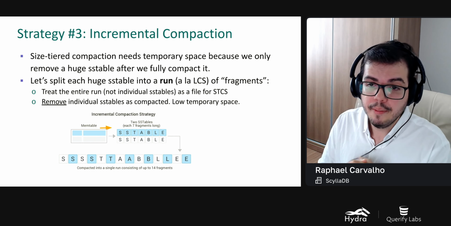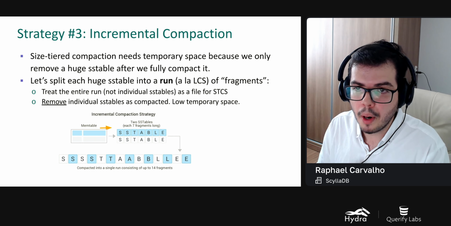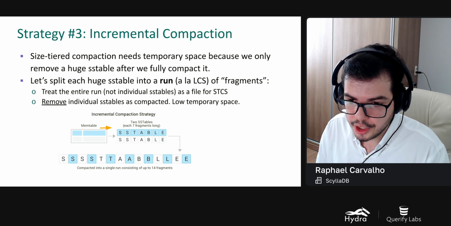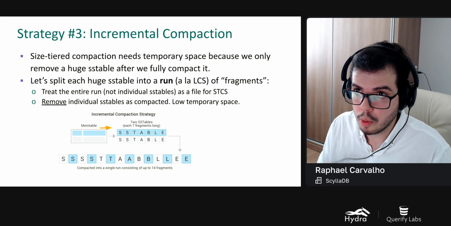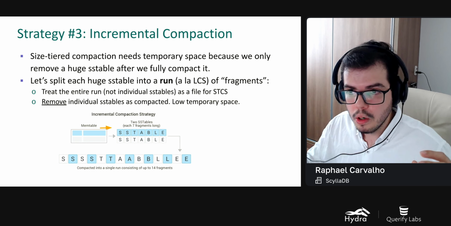So the basic idea is to borrow the idea of runs from the leveled policy. Instead of having those huge files in tiered policy, we are going to have runs, but in each level we are going to allow accumulation.